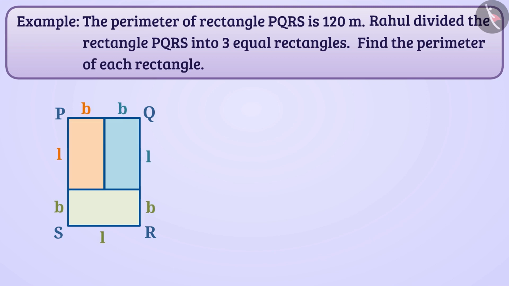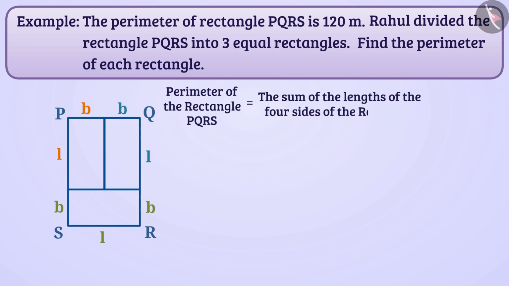Let us consider the length of each rectangle as L and width as B. Here, the perimeter of the rectangle PQRS is equal to the sum of the lengths of the 4 sides of the rectangle, which is L plus B plus L plus B plus B plus L plus B, which is equal to 3L plus 4B.